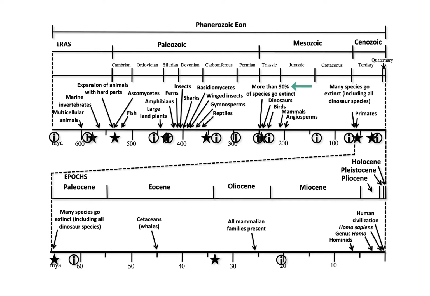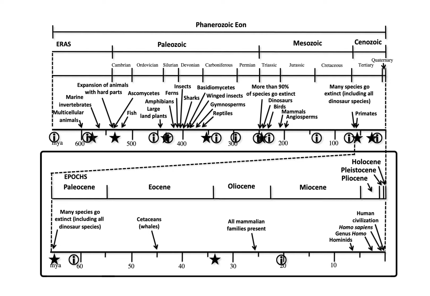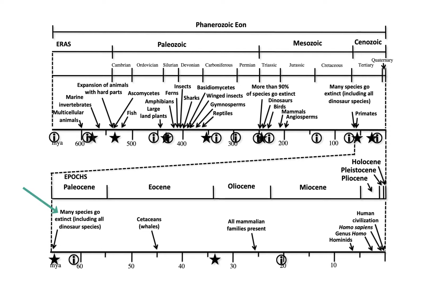So this lower bar down here, graph, is of the Cenozoic era, and that's where you get the initial extinction, although you still have fungi and mammals surviving. Here are the first whales about 45 million years ago. All the mammalian families are then present here at about 25 million years ago.